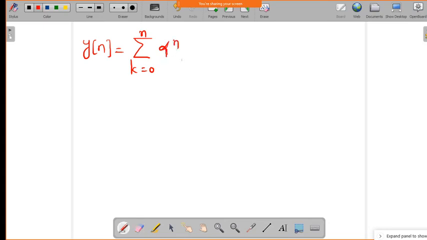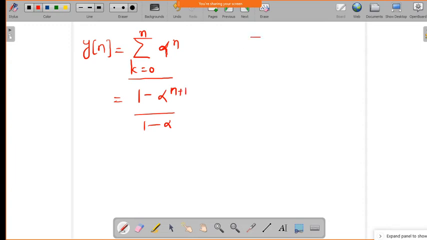So this is alpha power n, and we already know the value. The value for this is 1 minus alpha power n divided by 1 minus alpha. Here the summation is from 0 to n, so you need to take n plus 1.